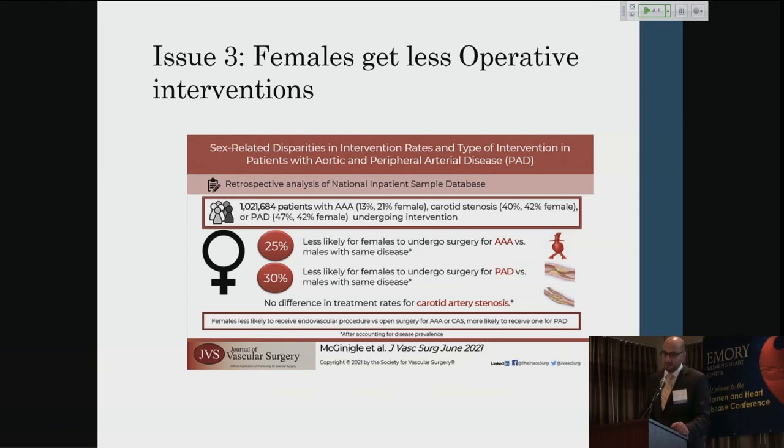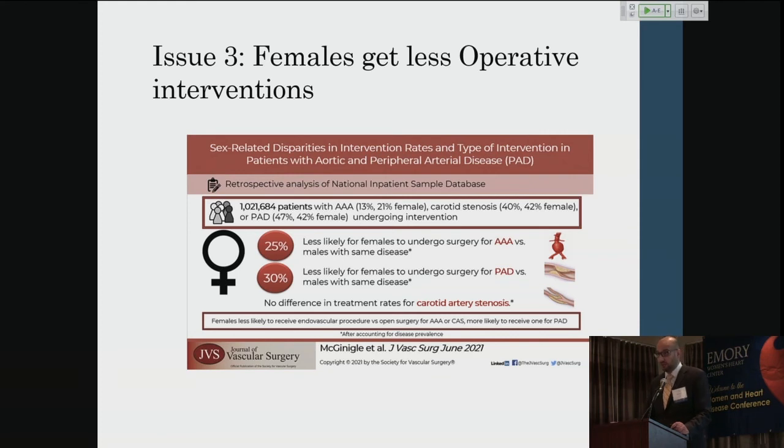But it's interesting in this evaluation of Medicare data, looking at how there are sex-related disparities in interventions between males and females. Females get fewer operative interventions than males. And this exists in all vascular interventions, including aortic aneurysm treatment, as well as lower extremity arterial disease treatment.